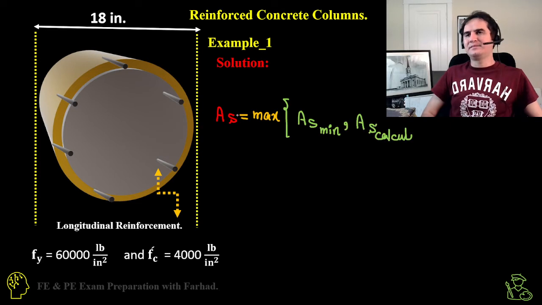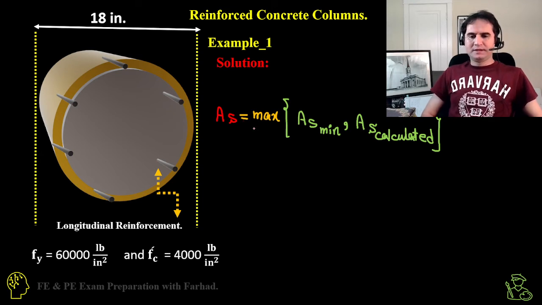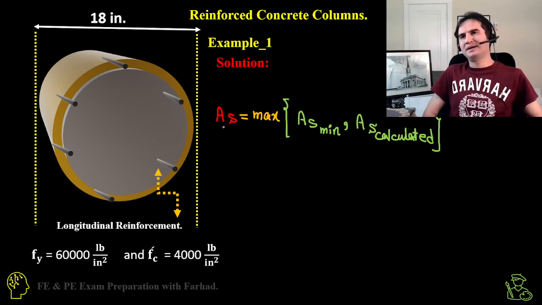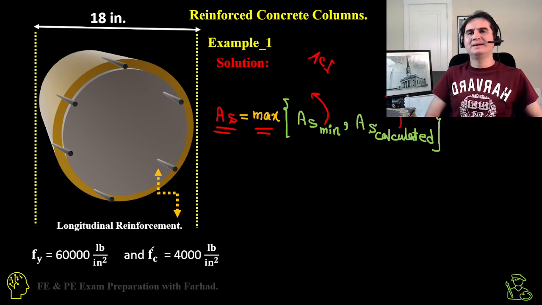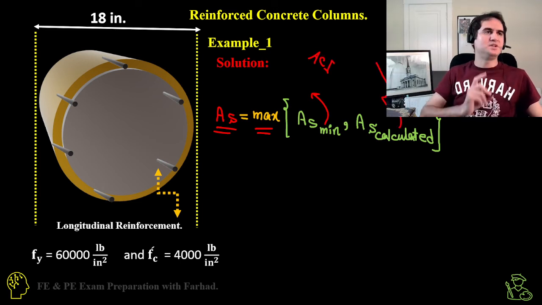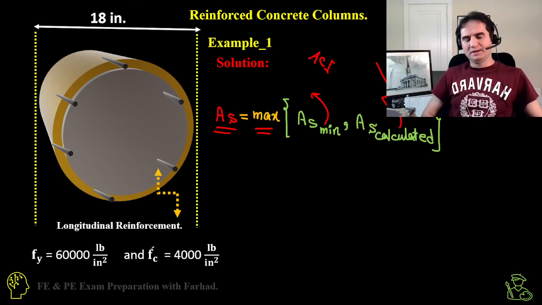The minimum of the ACI code is most of the time the minimum level for the design, but the area of longitudinal steel is the maximum of the ACI code minimum and As calculated from Pu and the axial force equation of short columns.